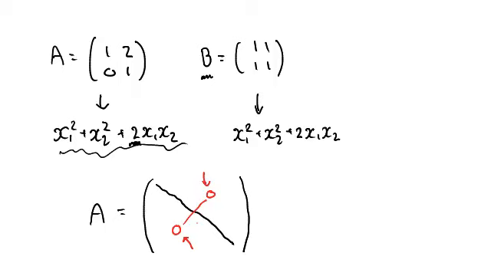The advantage of doing this is that A will then become a symmetric matrix, simply because we have divided the coefficient in front of the cross term such that Aij is equal to Aji, and that is the definition of a symmetric matrix.